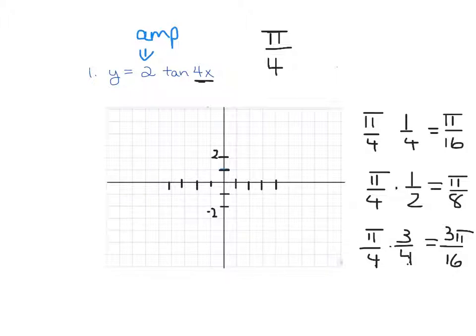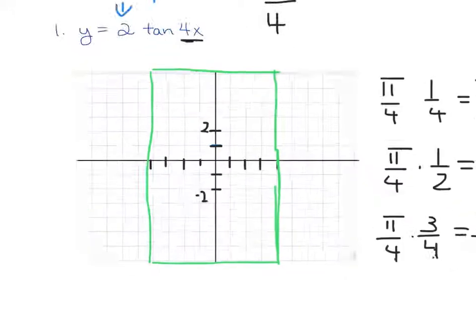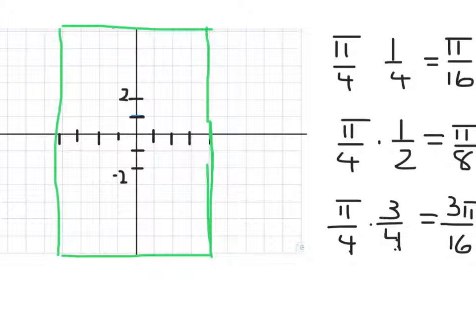So I could go ahead and put my box around this if you want first, or you can label those points, either way. But this is my window. This is the only thing I'm interested in seeing graphed, what's in this green box. So again, pi over 16 is here.